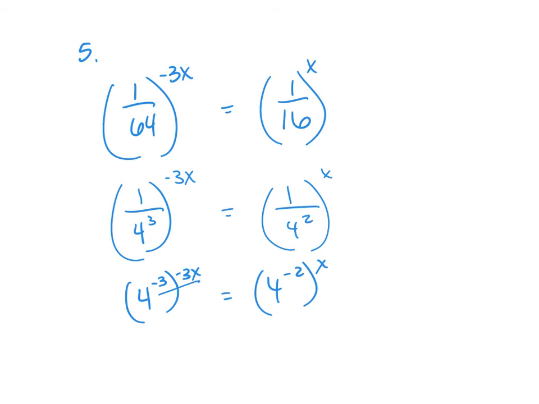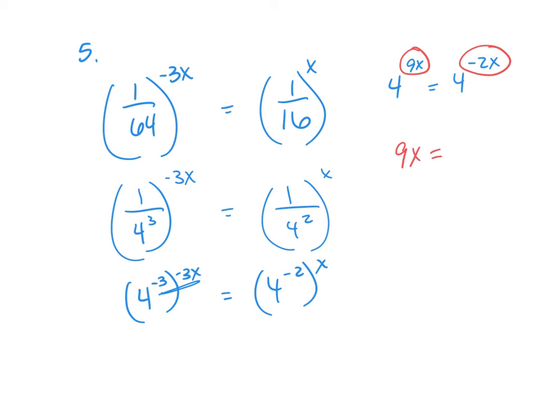So when I have parentheses in between two exponents, you multiply them. So this is 4 to the 9x equals 4 to the negative 2x. So now you ask yourself, if 4 to this mess equals 4 to that mess, then what do we know about the messes? They have to equal each other.